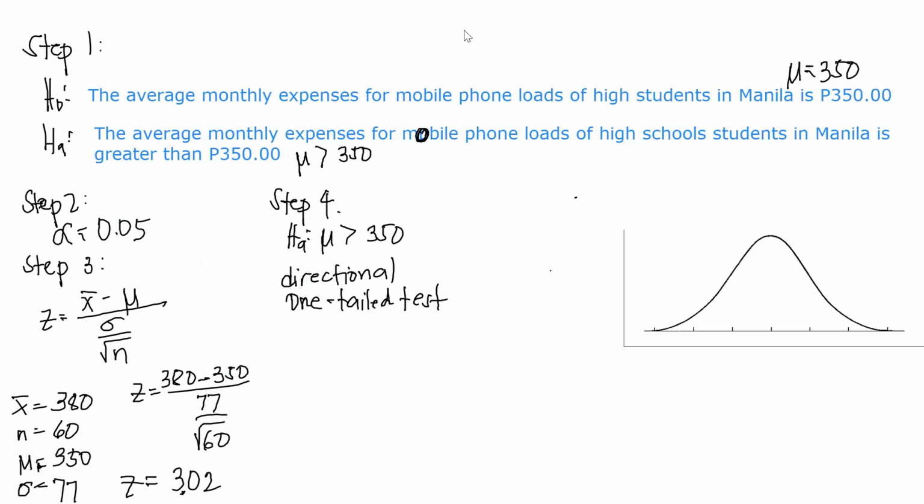Actually, class, it's from the table of areas of the normal curve. But to make it easier for you to find the critical value, I'll put a table for you. So, what is our critical value? It is equal to 1.645.